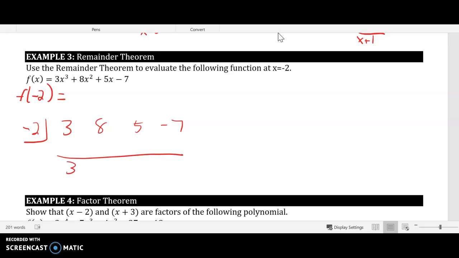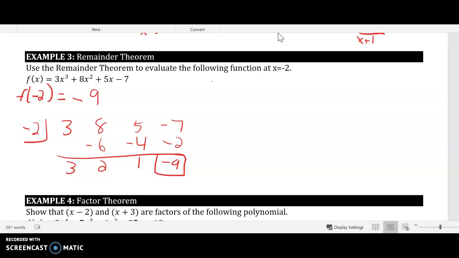We're going to pull down our 3, we multiply, get -6, put those together, you get 2, multiply, get -4, add those, 1, -2, and 9. The remainder theorem is the answer. The answer is the remainder, so -9.